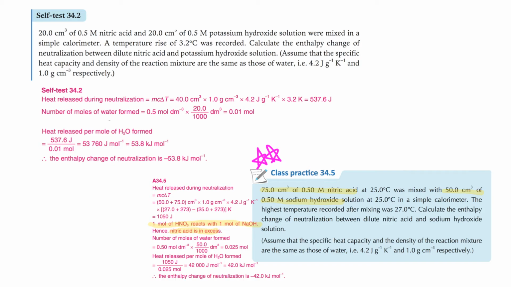You just have to tell them the ratio between the reactants, like 1 mole reacts with 1 mole, and which one will be in excess. That will be good enough already, but it is a must to tell which chemical will be in excess. So please do this on your own.